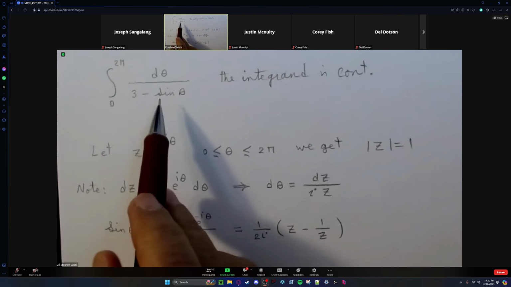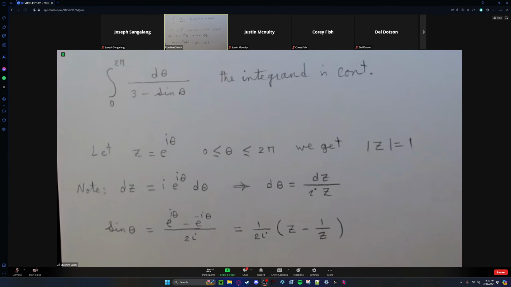Well, in this case, I only have sine theta. I could have cosine theta with the same argument.